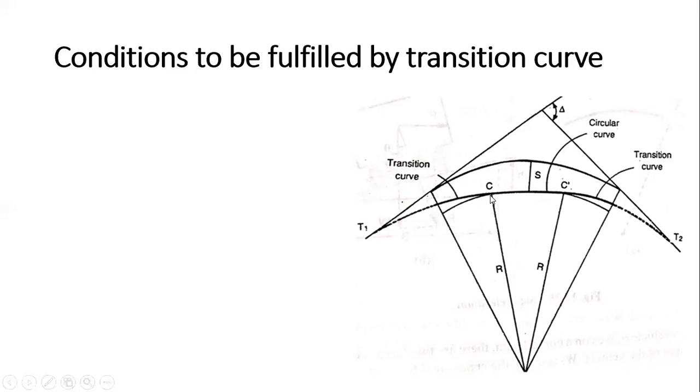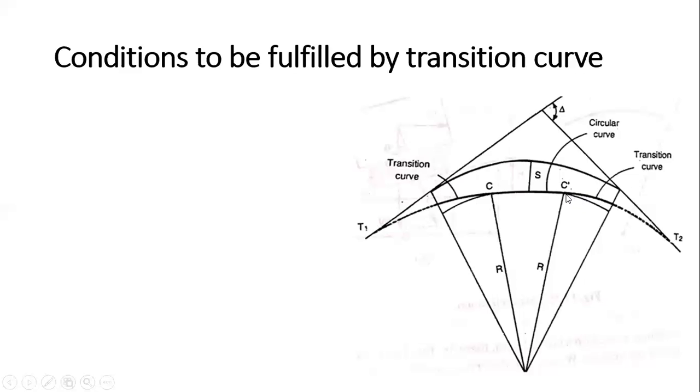But in the case of important highways and railways, we provide a curve of varying radius from here to here, that is, from the point T1 to the circular curve. This region is your varying radius curve.